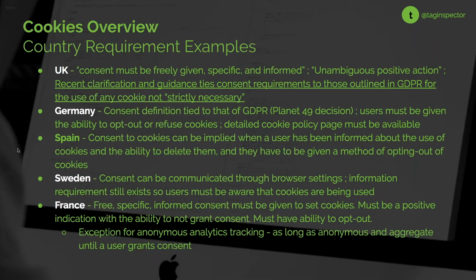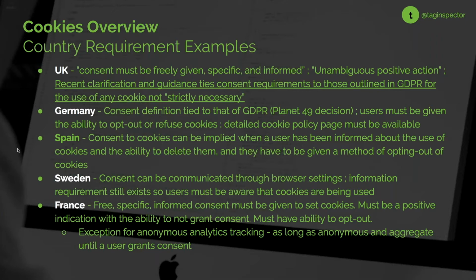In the UK, consent requirements for the use, placement, as well as accessing of cookies are tied up very closely with the definition of consent under GDPR. So any use of cookies requires consent that must be an explicit, unambiguous positive action for the placement or the accessing of cookies within the UK. So keep consent in mind for those users.